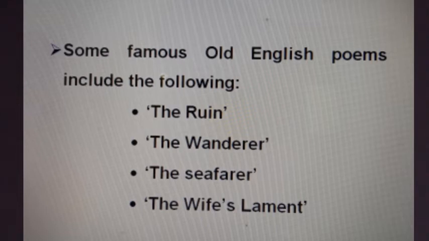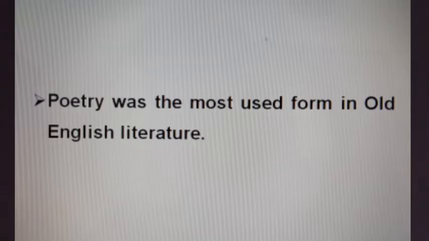Poetry was the most used form in Old English literature. When we analyze Old English literature, everything was written in the style of verse. It was not in the prose way. Even some books on medicine were written in poetry form in order to memorize easily.